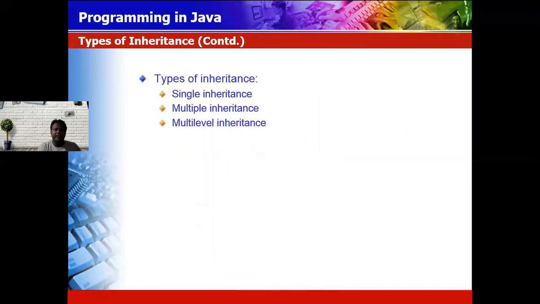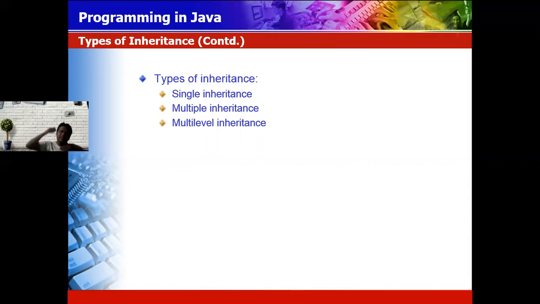In single inheritance, one child class derives its set of attributes from one parent class. In multiple inheritance, one child class derives its set of attributes from more than one parent class.